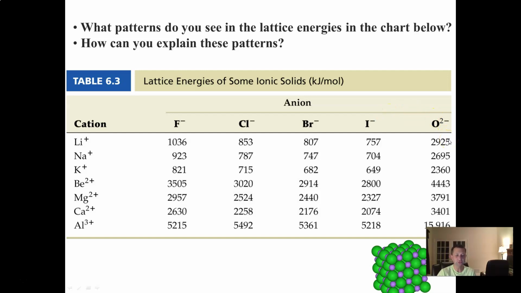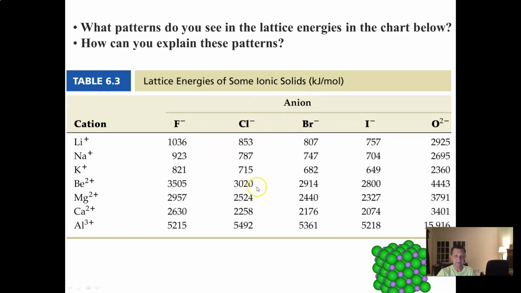Charge definitely has an impact. But the charge is all the same for the halides: negative 1, negative 1, negative 1, negative 1. What's different there? The size is different. Fluorine is in level 2, chlorine in level 3, bromine level 4, iodine level 5. So it looks like as our size differs, so does the lattice energy.